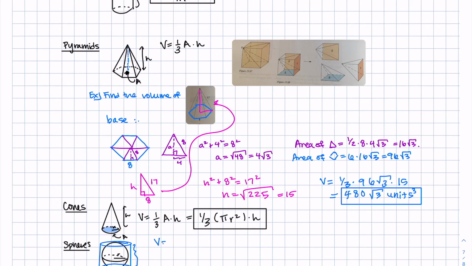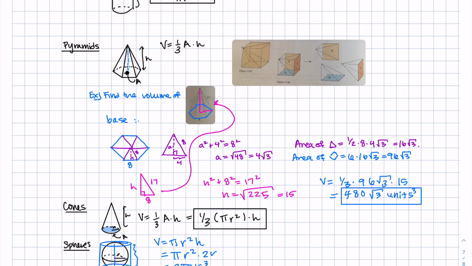And so the formula for the volume of the cylinder is going to be pi r squared h. And then the height is going to be just 2r. So that means pi r squared times 2r. So that's 2 pi r cubed. So that's the volume of this blue cylinder.